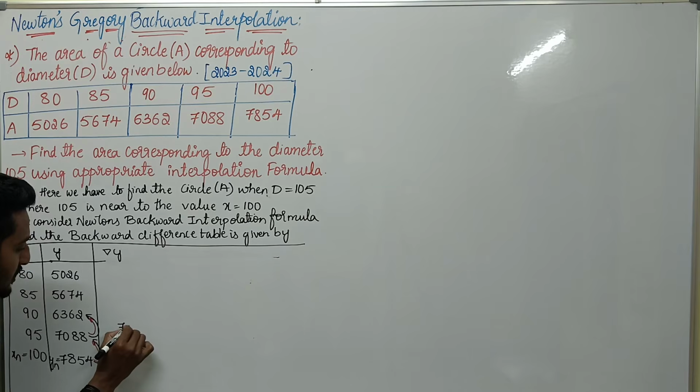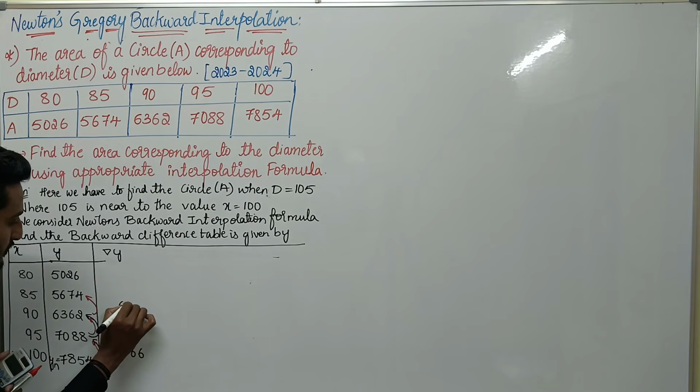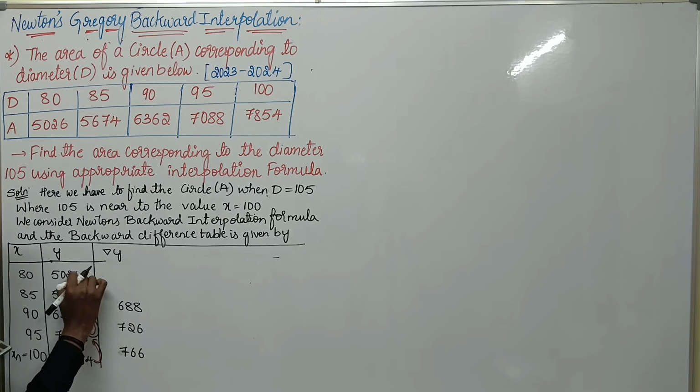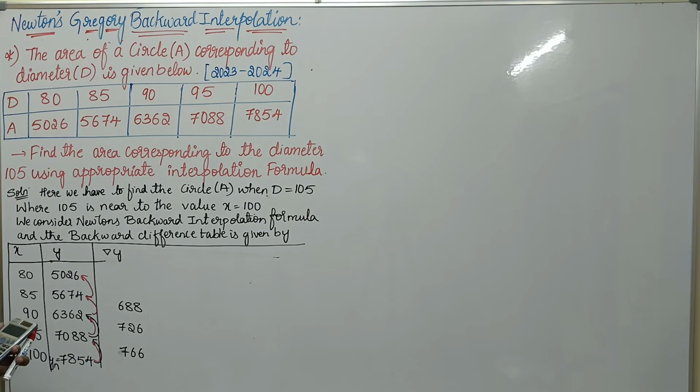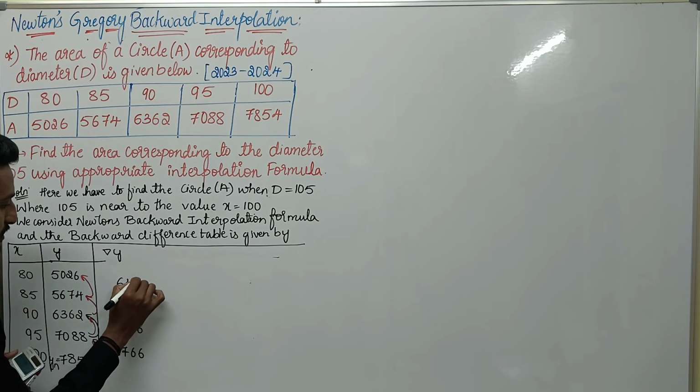Next, 6362 minus 5674, where we get 688. The last we have 5674 minus 5026, which is 648.